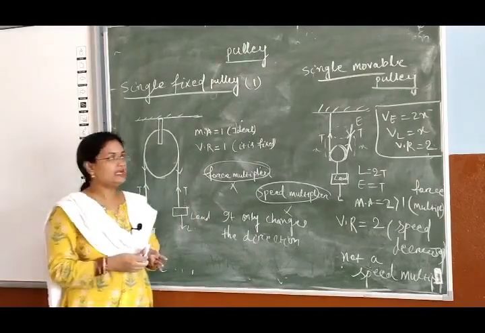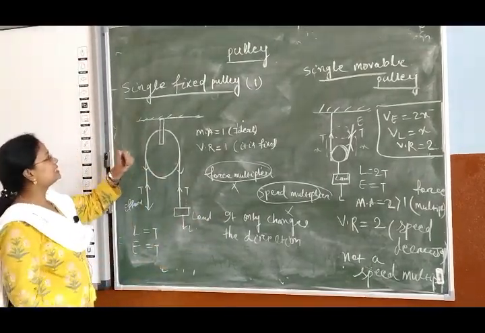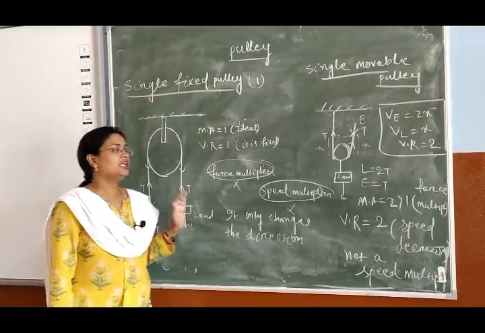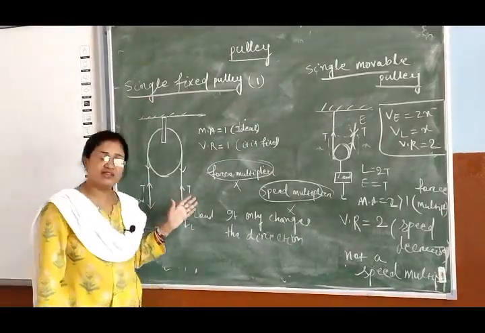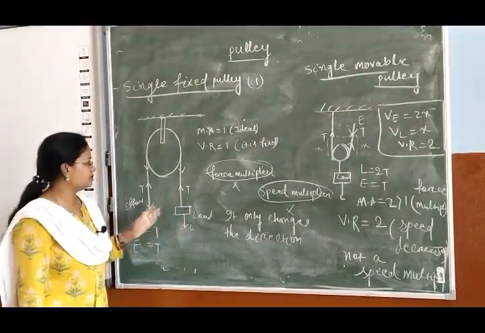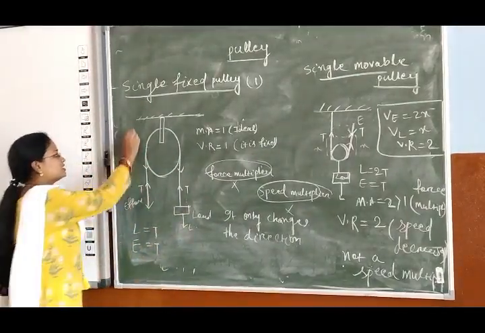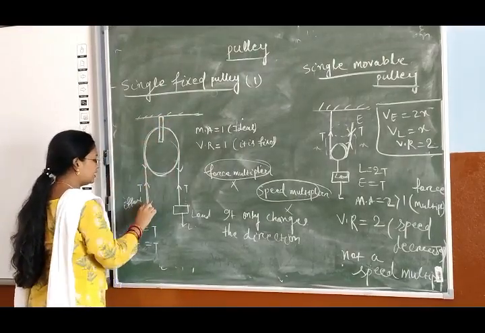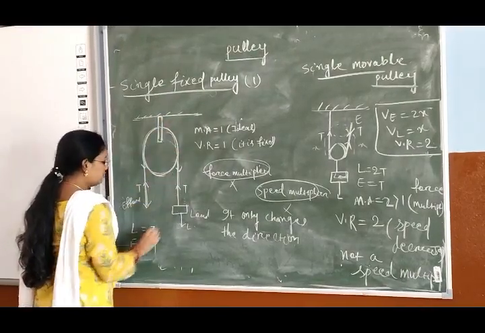You have seen the pulley, and now we will see the single fixed pulley. What is a single fixed pulley? If the axis of rotation is fixed, that is a single fixed pulley. Suppose this is the pulley and string, and this is the support.